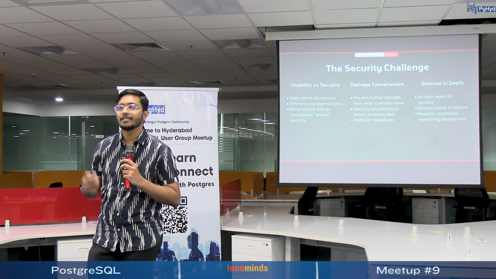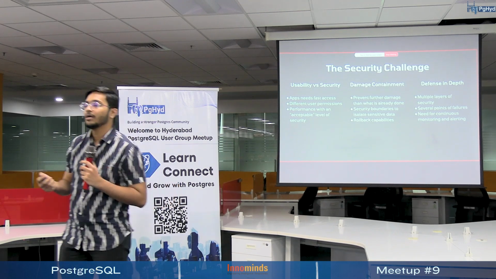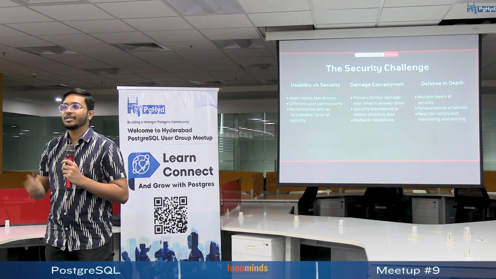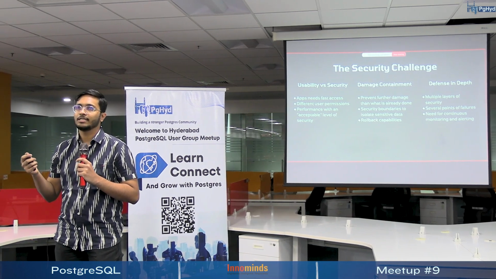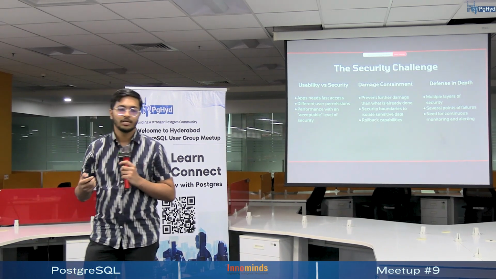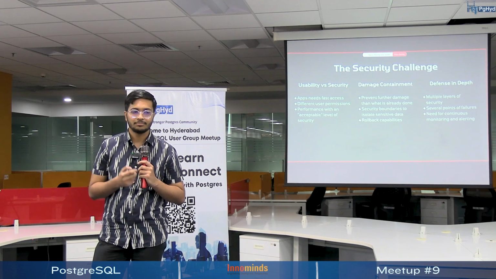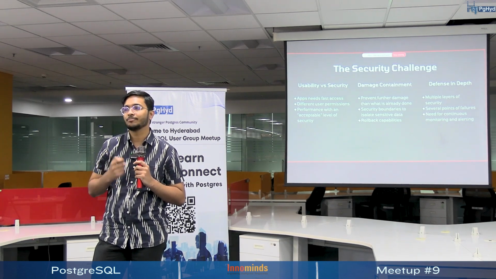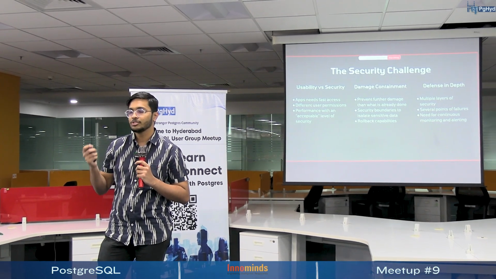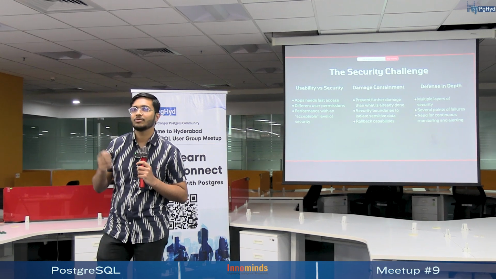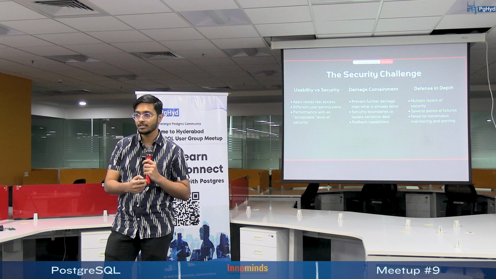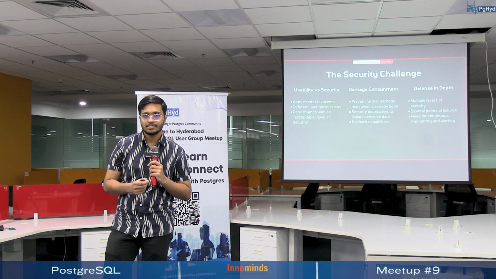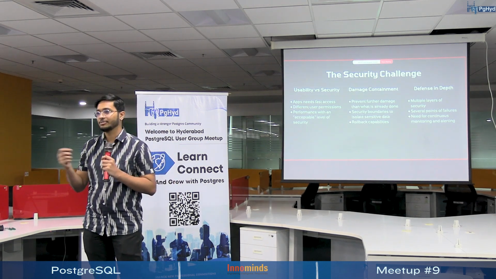Then you have to think about damage containment. This comes from one of the first security courses I had in college. My professor mentioned why it is important to prevent further damage. One of the first lessons for me was that if damage has already occurred, you need to be in a state where you can actually prevent further damage from happening.